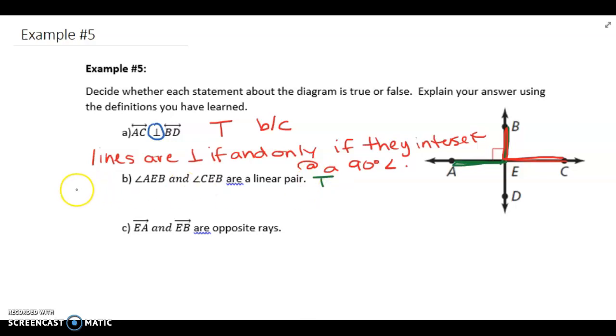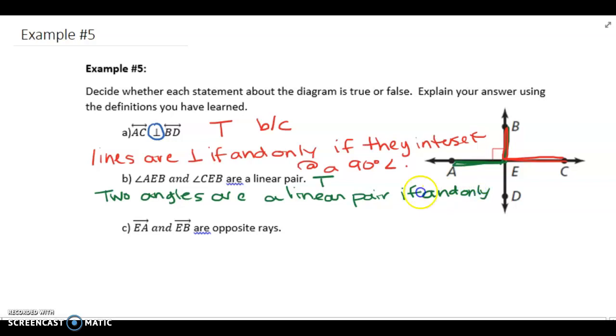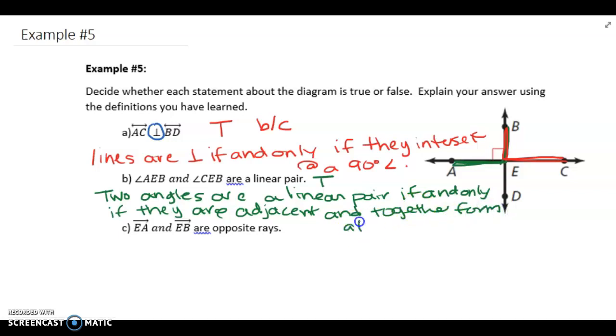That is a true statement because two angles are a linear pair, once again, I'm going to write this as a biconditional, if and only if they are adjacent, or right next to each other, and together form a line. So right here, they're adjacent, they're right next to each other, and if you put them together, it would just be this line right here. So they are a linear pair.